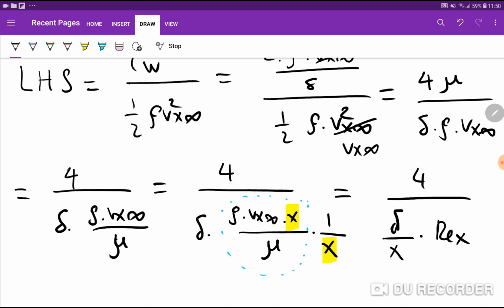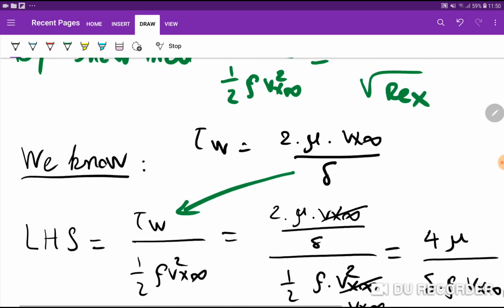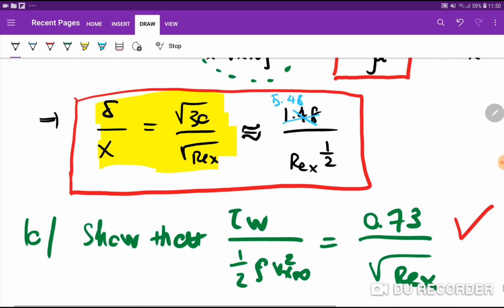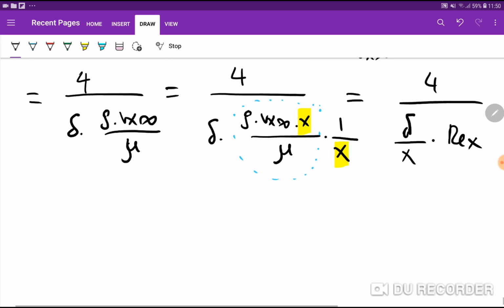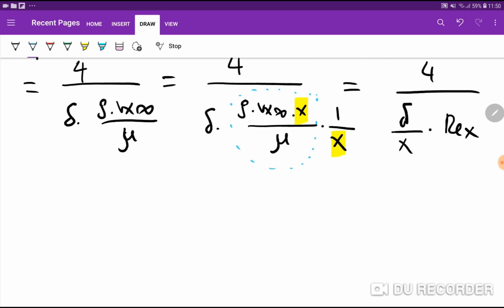Delta over x times Reynolds number. I just want everything to be in terms of the Reynolds number. Oh, I remember we have an expression for delta over x in terms of Reynolds number. Do you see the beautiful yellow color over there? Exactly. So I will make a note.